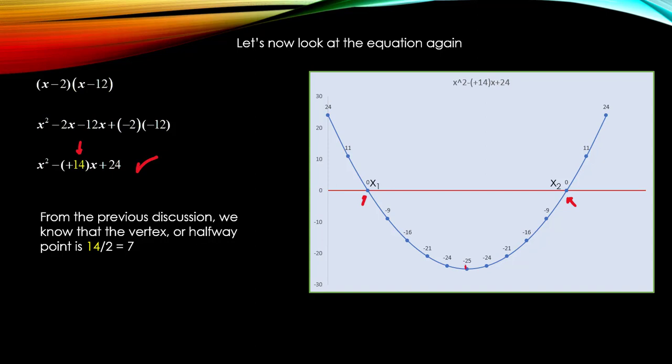In that case, that's going to be this line here, and that point right there is x equals 7, which I've drawn here.